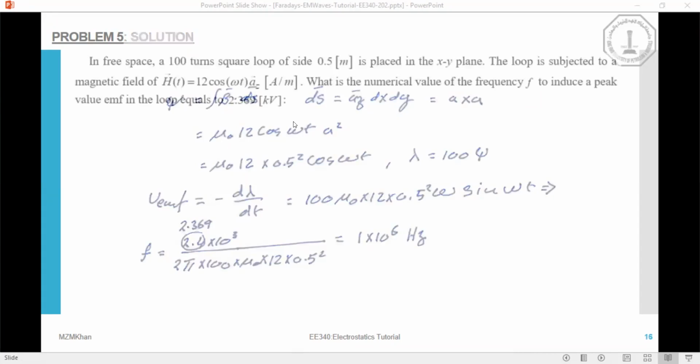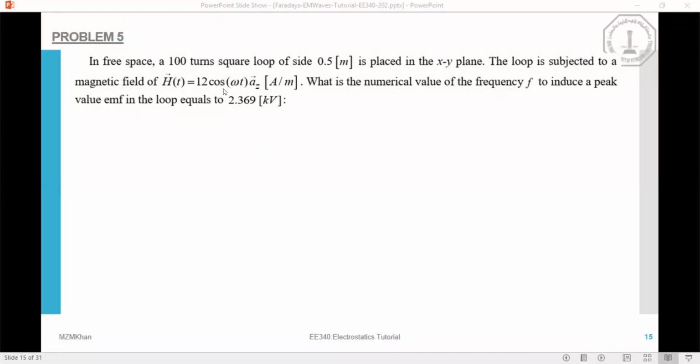And this is equal to how much? This is 12 cos omega t. And if you see here, my magnetic field is not a function of space variables. Is it a function of x, y, or z?